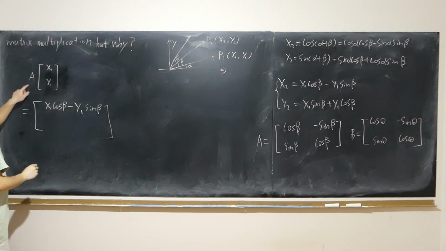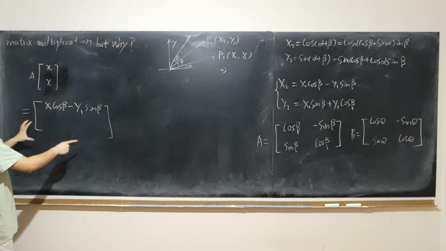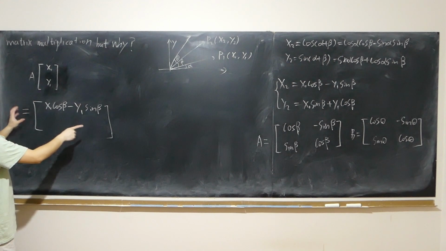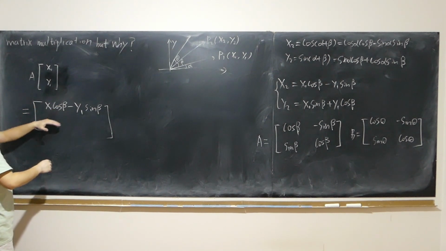Since A is 2 by 2 and this column vector is 2 by 1, multiplying out gives a matrix that's 2 by 1, 2 rows, 1 column. That's the first entry.